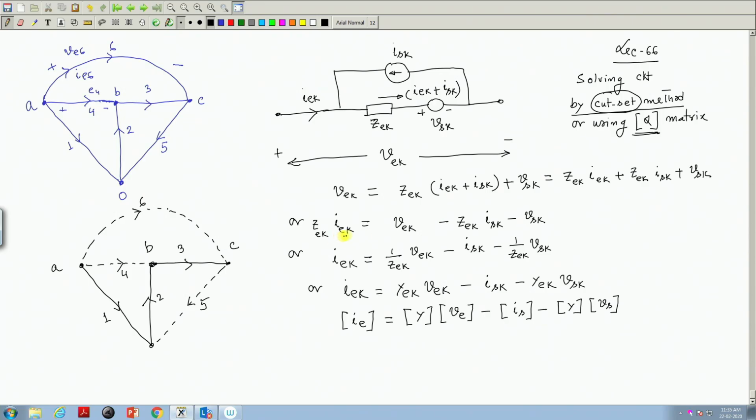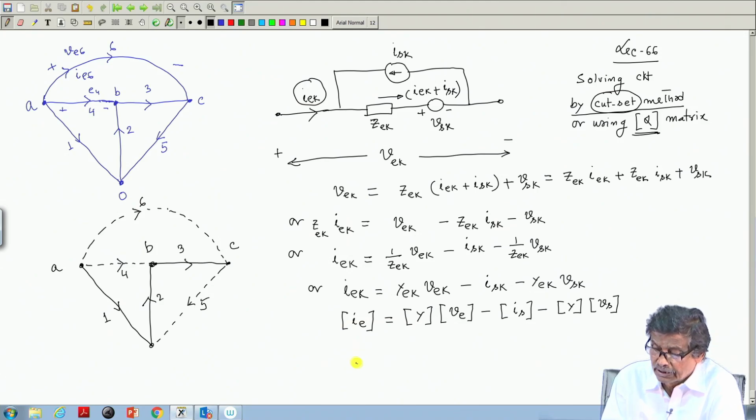First find out the current IEk, express it, take this to this side, divide by ZEk, then IEk will be admittance into Vk minus Isk minus YEk Vsk. Now, if you do it for all the elements, that is IE1, IE2, IE3, it can be a column matrix.